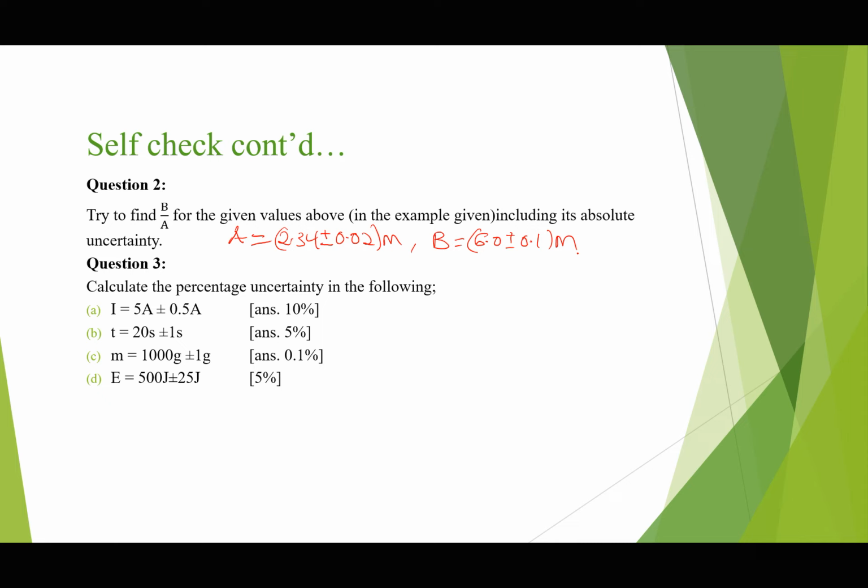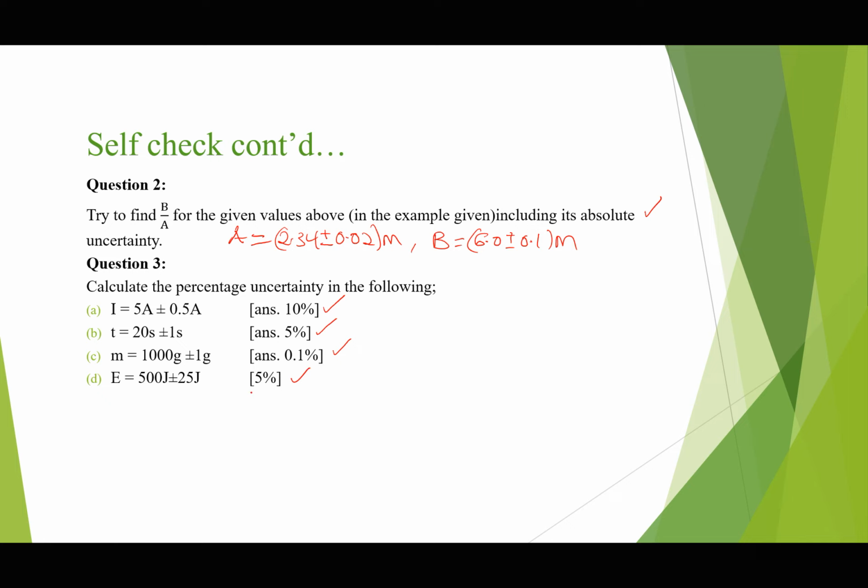And this, you'll submit your answers. You submit your working. I will be interested to see your working and your answers. Then try also question number 3. You can pause the video at this point and try to record or write the questions and work out number 3A, 3B, 3C, and 3D.